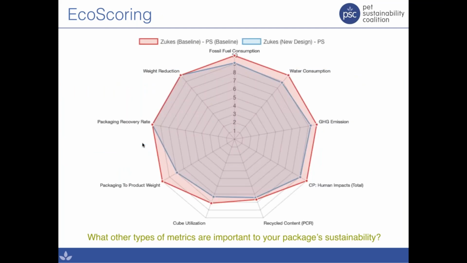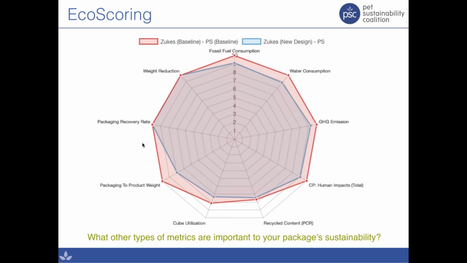When we had the new design and the data for that, we were able to model that package like we did the baseline, and then we were able to analyze and compare these within our software. This is just the output that our software provides. You can see the fossil fuel consumption, GHG emissions, water consumption, and human impacts all decreased with the new design.